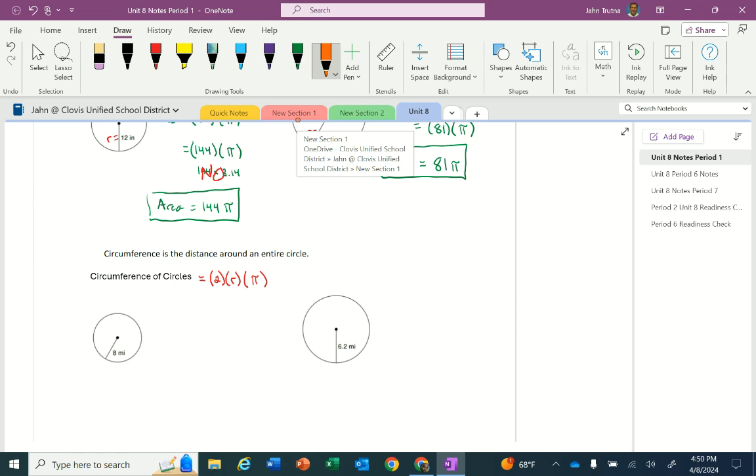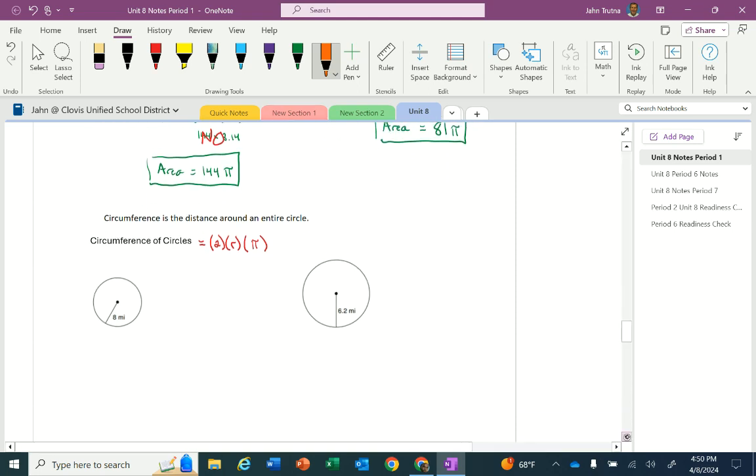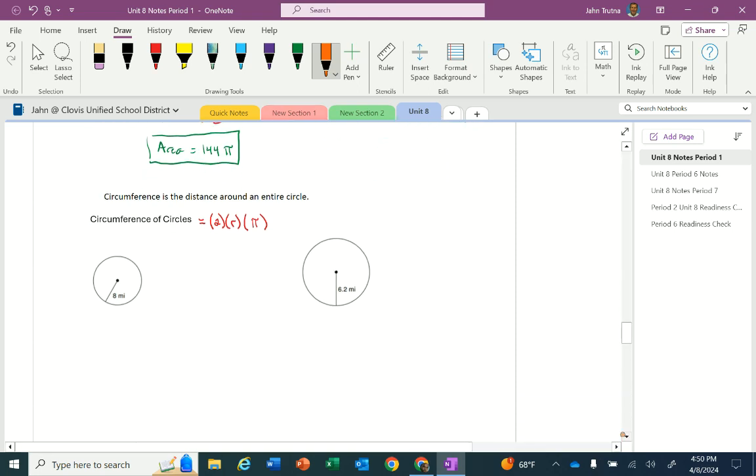See the circle down here where we have 8 miles, okay? That is a radius. So in this particular circle, we know that the radius is equal to 8. So my circumference, which in math we represent by the letter C, I'm going to take 2, multiply it with the radius, which is 8, and then multiply that with the number pi.